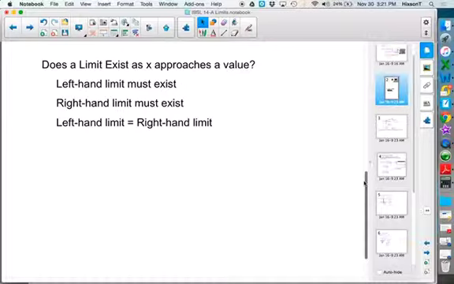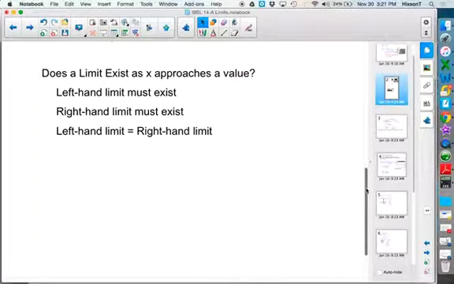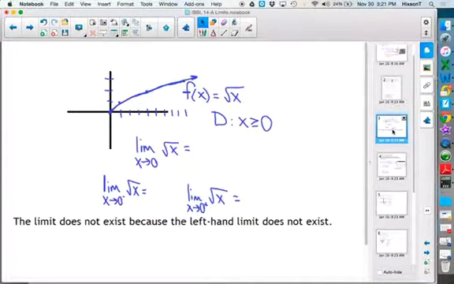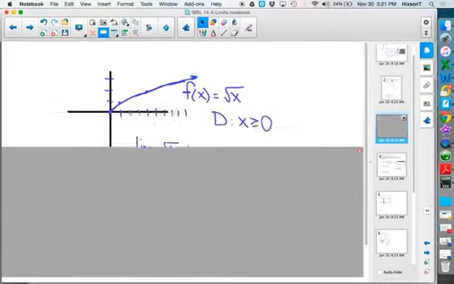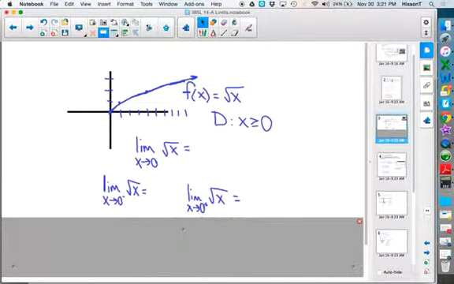Now let's take a look at a couple other examples of some cases that we might run into. All right? One of these is going to be, say, the radical function. Okay? The radical function.